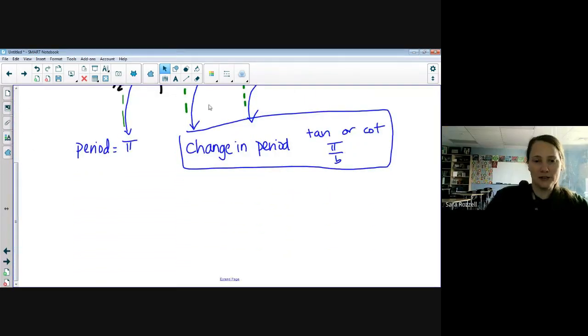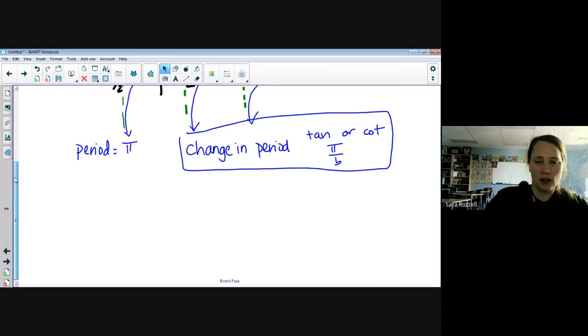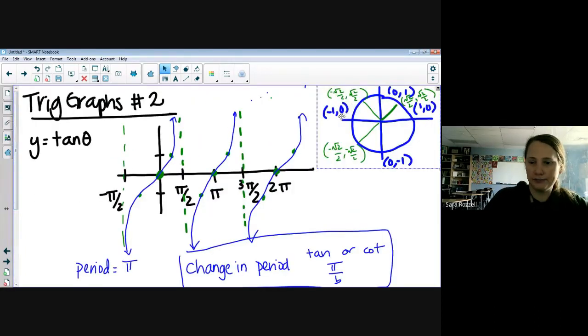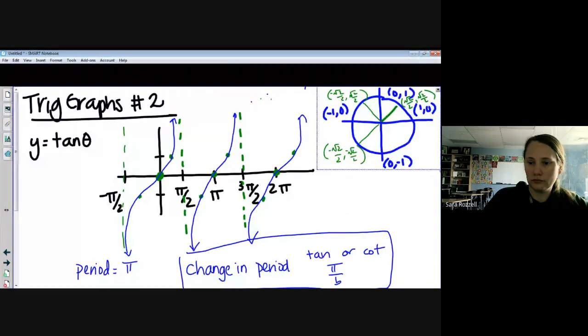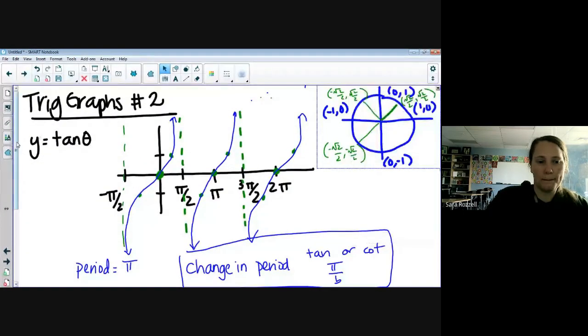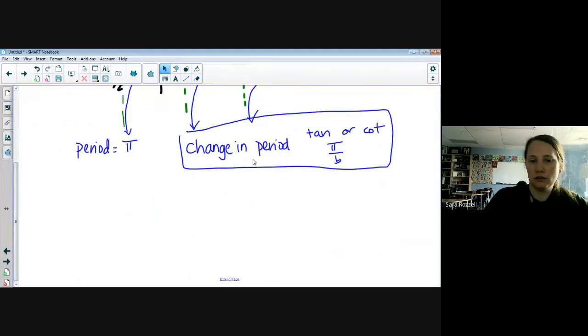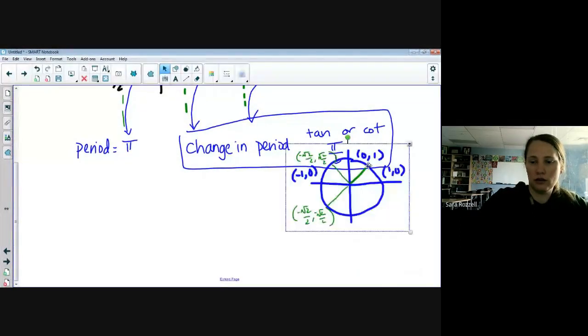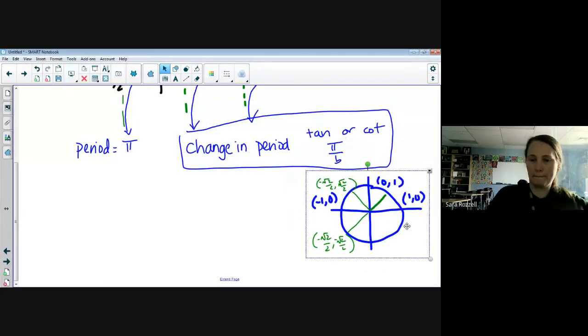Well, let's see. This will be fun. So I grouped those. I need to copy it. I want to make sure I can see this again. Okay. So we're doing cotangent.